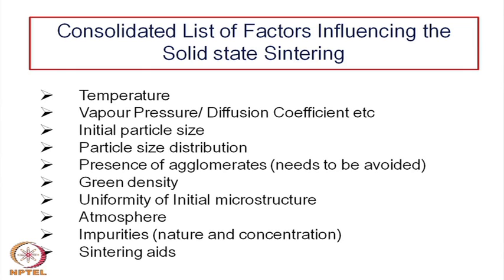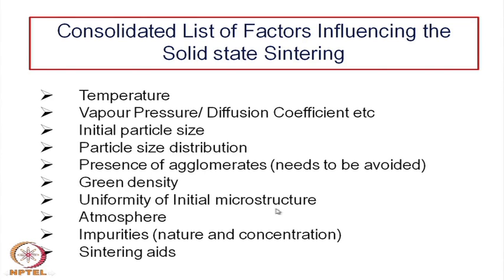Grain density is also related to the particle size distribution as well as, sorry, not the grain size, the agglomerates. So, if you can have a higher green density before sintering at room temperature, obviously there is a possibility of achieving a better density after the sintering.